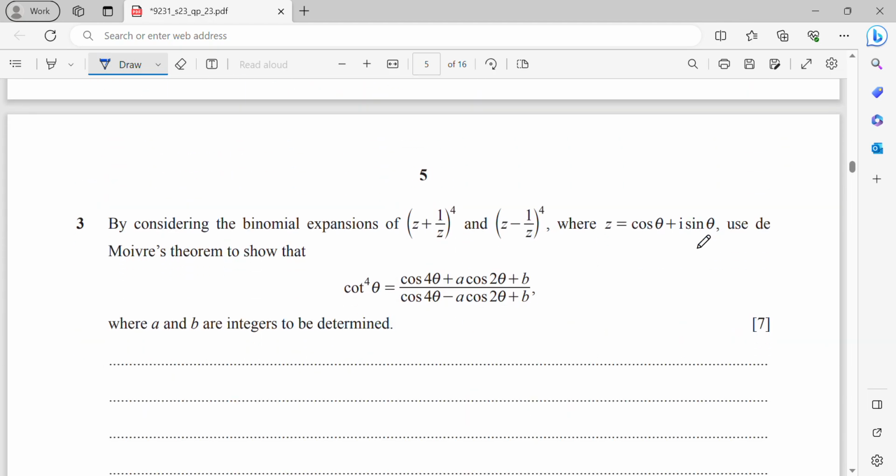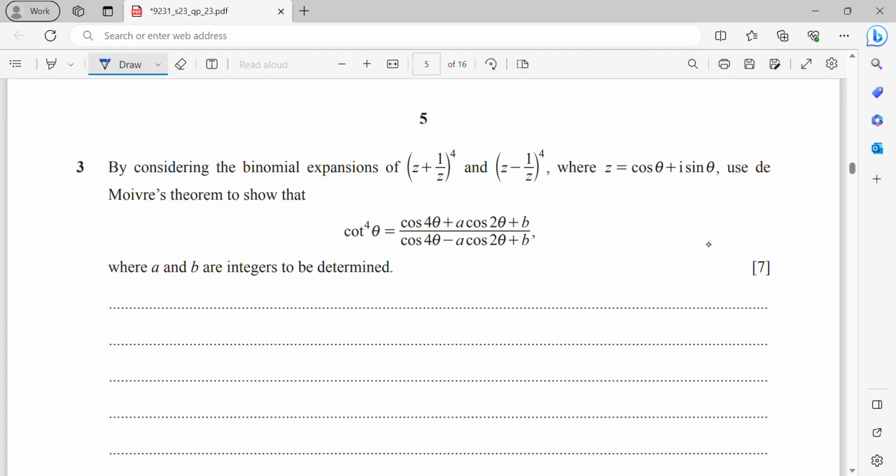Alright, so now for question 3, by considering binomial expansions of these two terms, where z is cos theta plus i sin theta, use De Moivre's theorem to show this, where a and b are integers to be determined. So now, I will start with z is cos theta plus i sin theta. Okay, and now I get 1 over z.